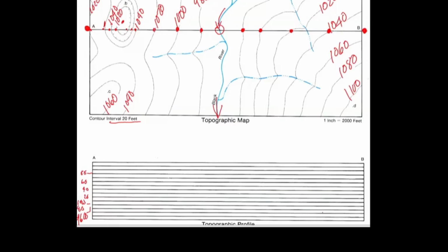All right, we'll start over here on the west side near point A. The elevation at that point is slightly above 1,020 feet. So we'll make ourselves a mark at 1,020 feet on our grid.